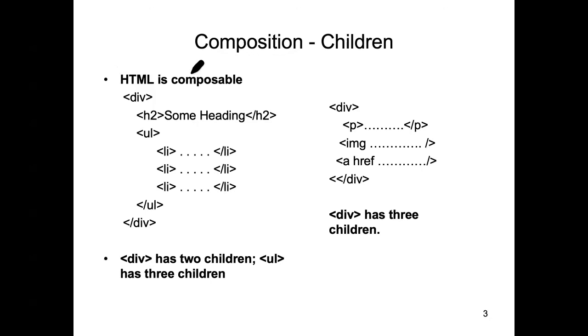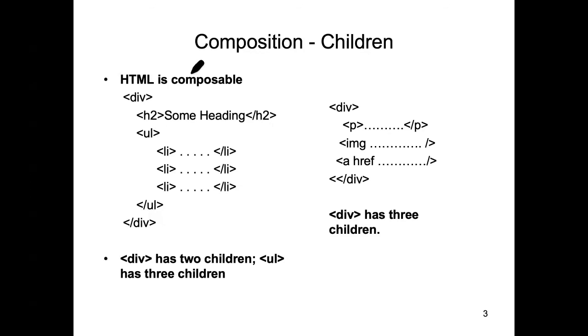And the two little code excerpts that I'm showing you there, the way we might express it is to say that if we take the one on the left, a div is composed of an H2 and a UL, or at least this particular div is, whereas on the right, I have a div that is composed of a paragraph and an image and a hyperlink. So HTML actually allows us to compose elements in any way that we want to.